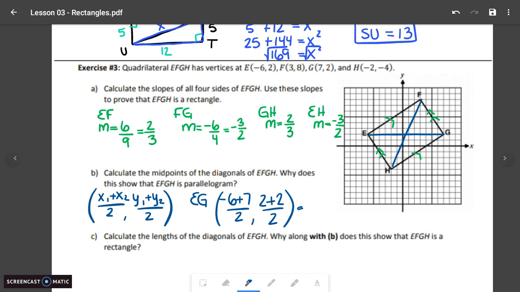And in our case, that's going to make this midpoint 1/2, 2. Spoiler alert, if you do it again for FH, you're going to get the same thing.